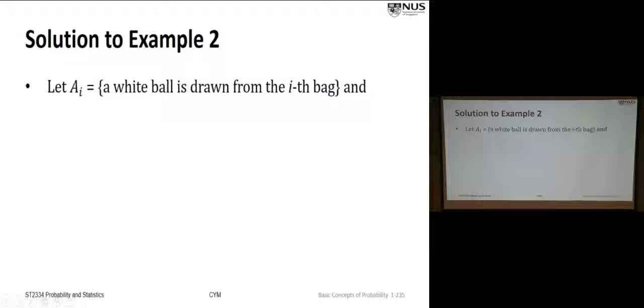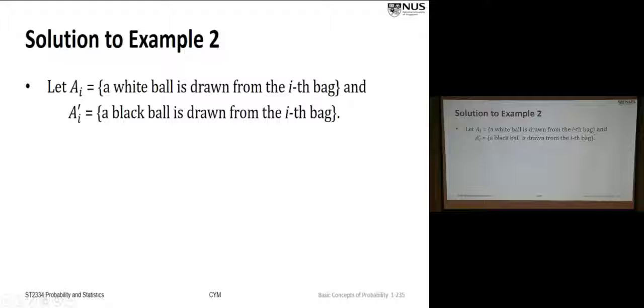So, okay, let Ai be the event that a white ball is drawn from the ith bag. So Ai complement is the black ball drawn from the ith bag. All right. So probability A1 is 4/7.